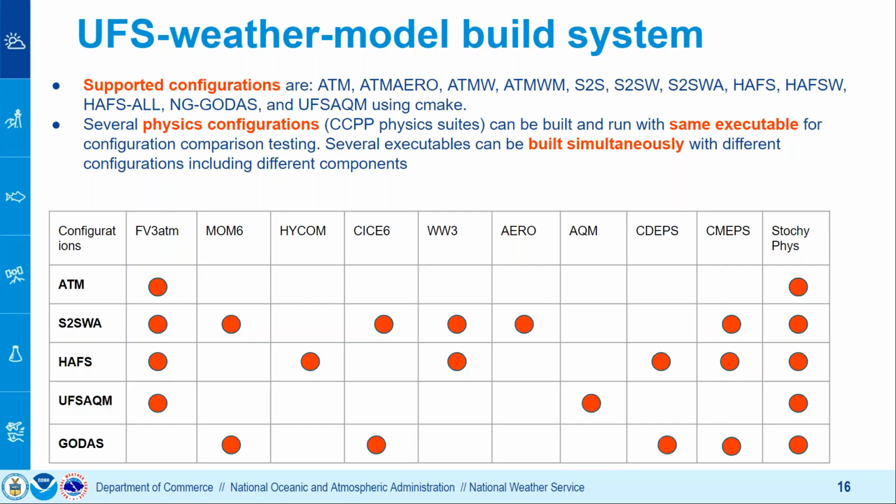This way you can test different physics packages using the same executable in your experiment. Meanwhile, for testing purposes, all those executables can be built simultaneously with different configurations, including different components.